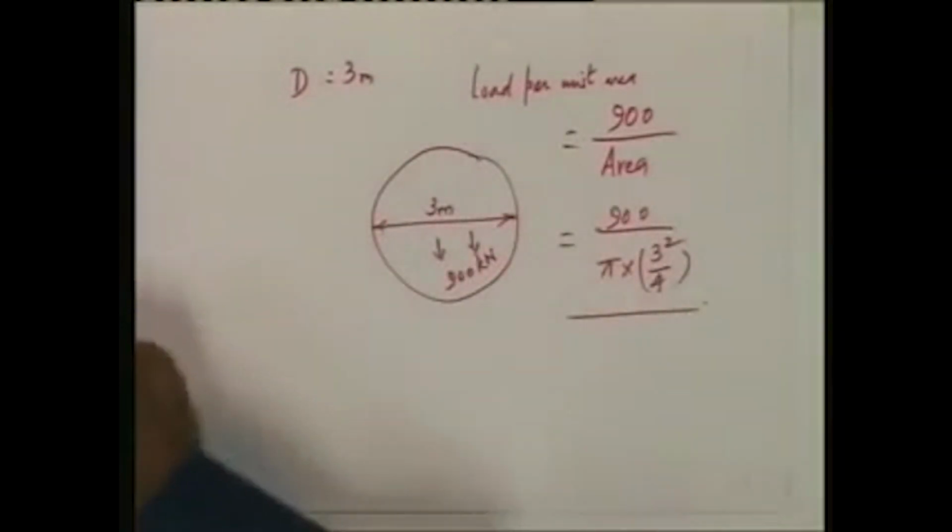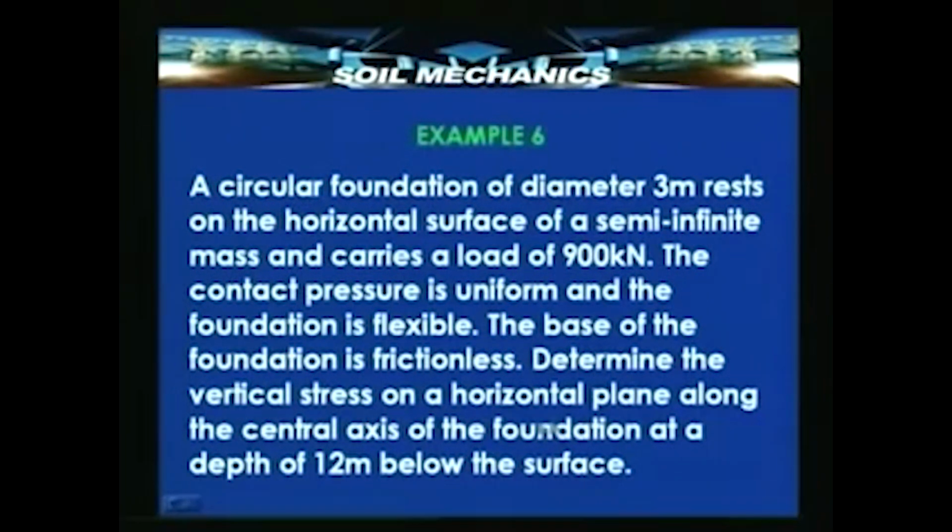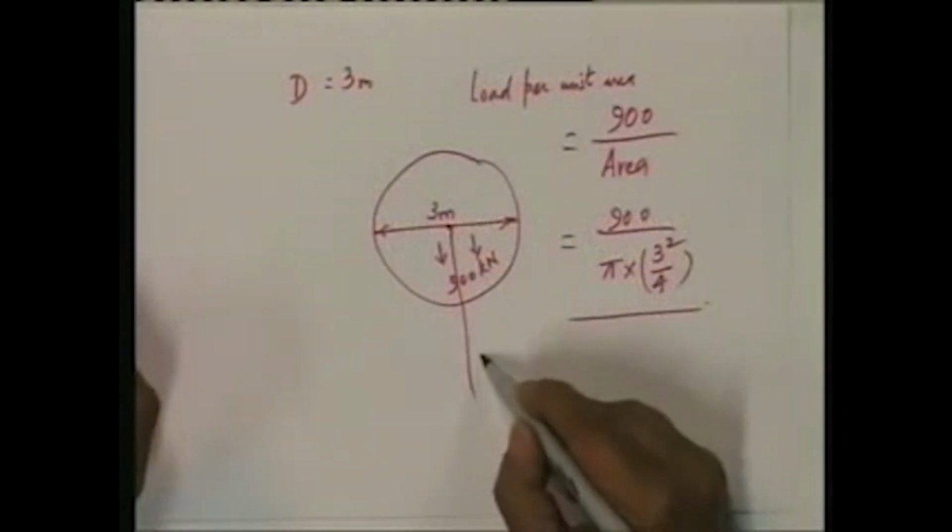This will be the uniformly distributed load that comes on the circular area, and for this we need to find out the stress at any point. The point in which we are interested is the vertical stress on a horizontal plane along the central axis of the foundation, at a depth of 12 meters. That means the point we are interested in is located directly beneath the center at a depth of 12 meters.